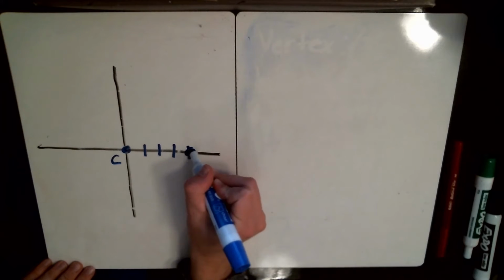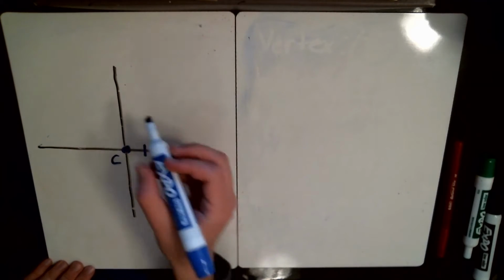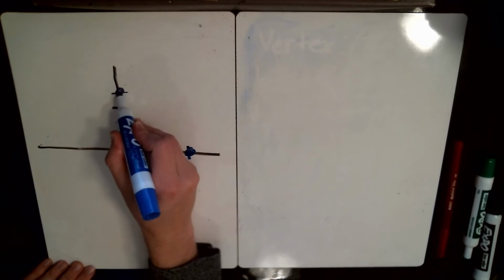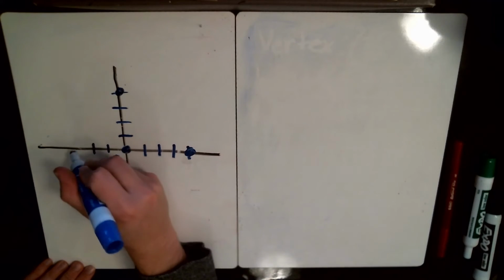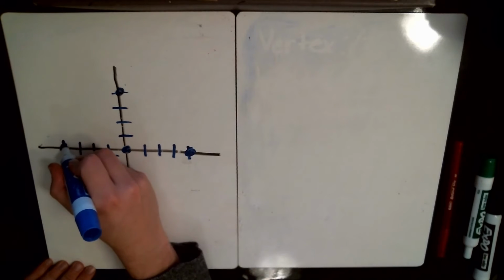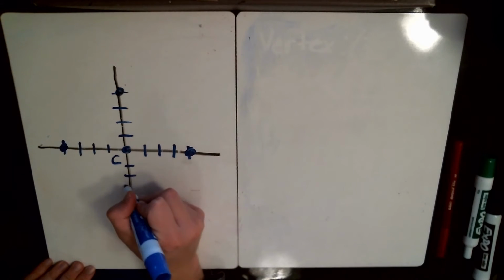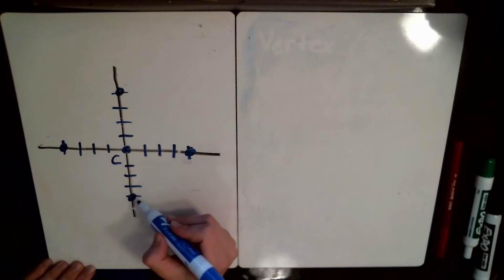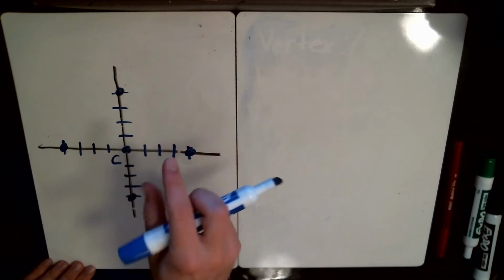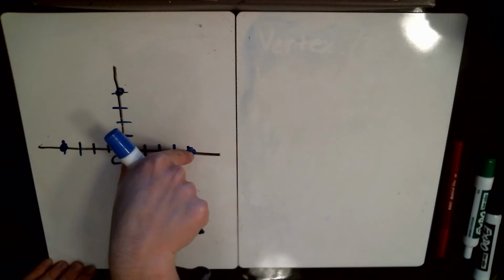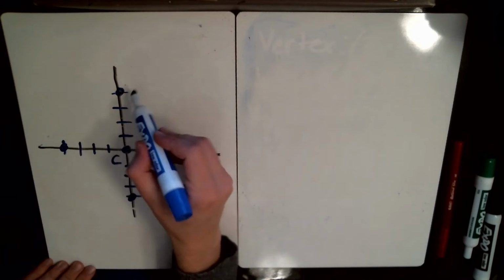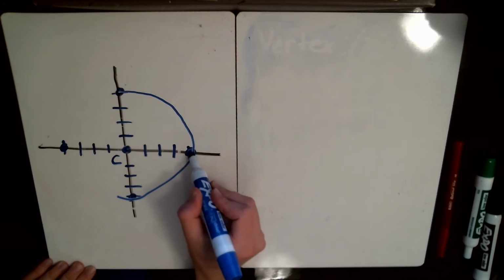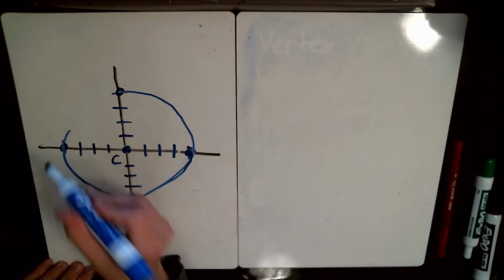So if I go 4 away from the center, 1, 2, 3, 4, and 1, 2, 3, 4, I'm going 4 away from the center every way I can. When you do that, even for other values, it's going to trace out a circle. Whoa, there's my beautiful circle.